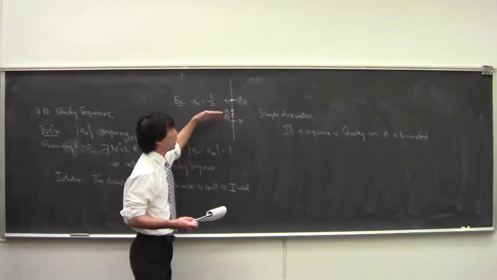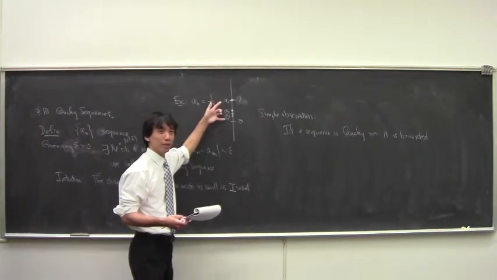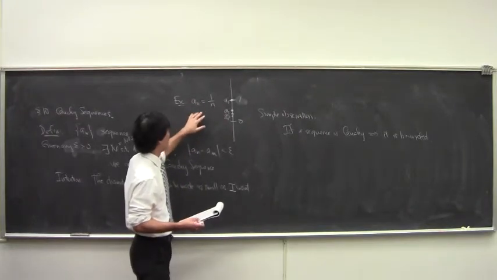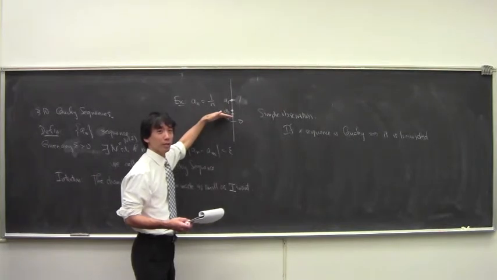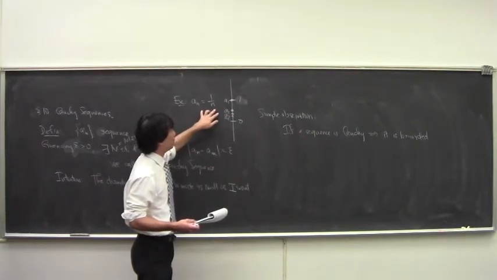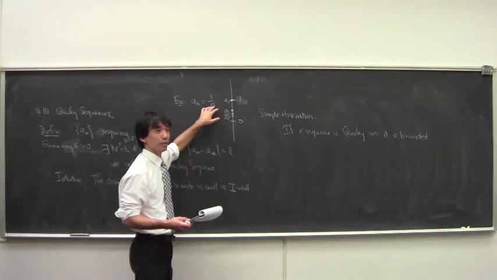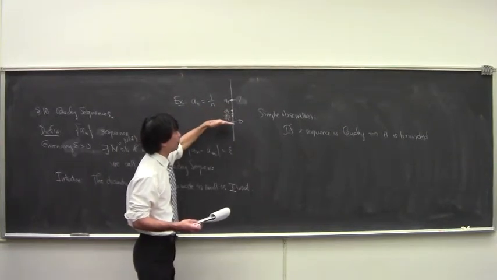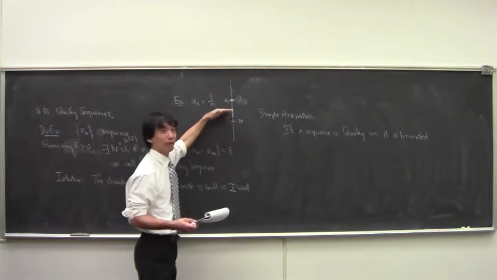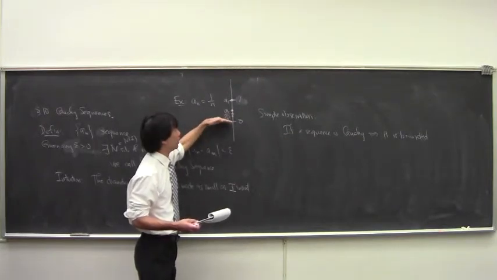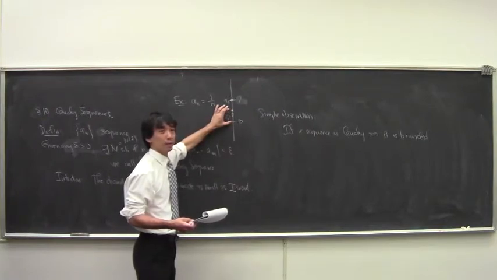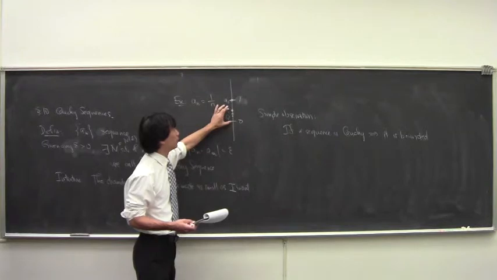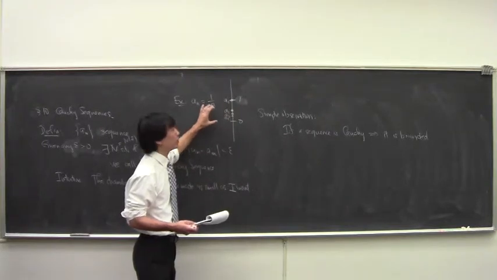If I say I'd like everybody to be within 1 of each other, then you just take my n to be 1. Everybody's within 1 of each other. If I say I'd like everybody to be within a half of each other, what do I choose as my n? 2, because then everybody lives in the interval 0, 1 half, and so the tail is smaller than 1 half, and so on and so forth.